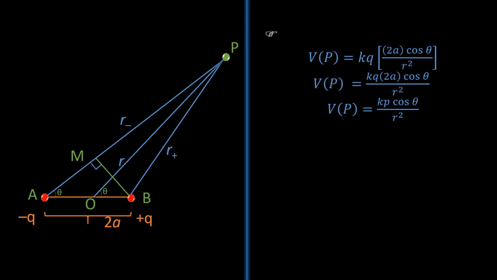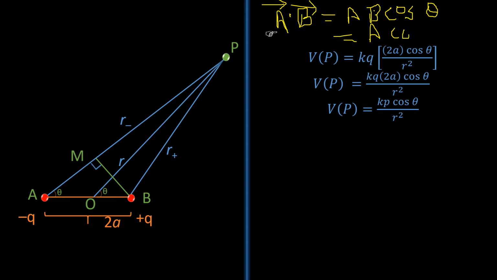Now we know that if we have the dot product of two vectors a and b, how do we write it? We write it as a b cos theta, isn't it? But what if the b value is 1? Suppose the magnitude of b is 1, then it will be a into cos theta only, isn't it?